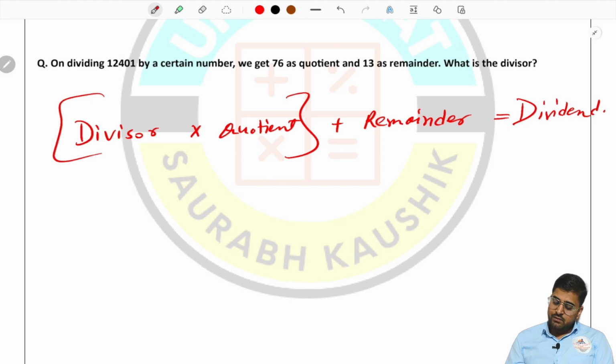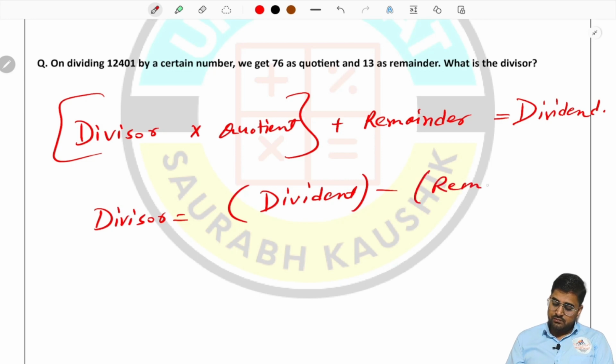We have read this in an earlier concept. So the divisor is equal to the dividend minus the remainder, by the quotient.